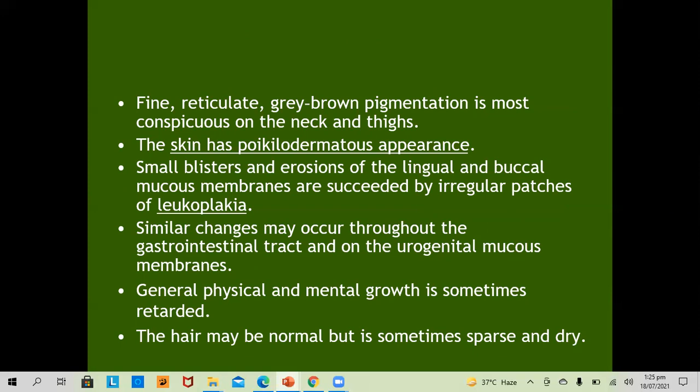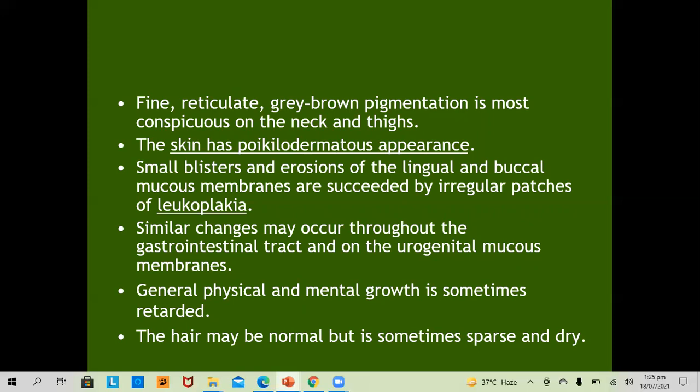This is actually the Poikilodermatous appearance of the skin. Small blisters and erosions of lingual and buccal mucous membrane are succeeded by irregular patches of white leucoplakia. Similar changes may occur throughout the GI tract and or urogenital mucous membranes.